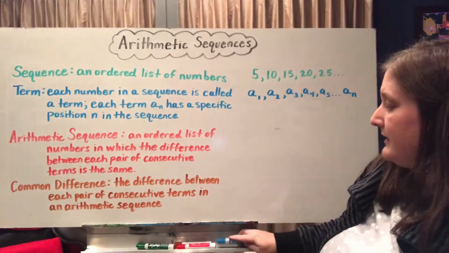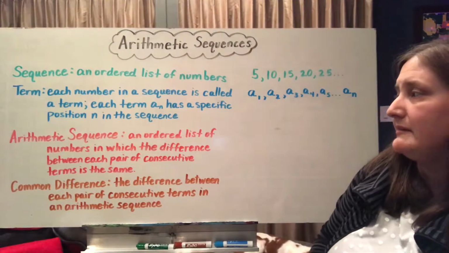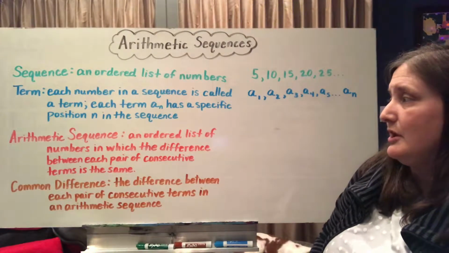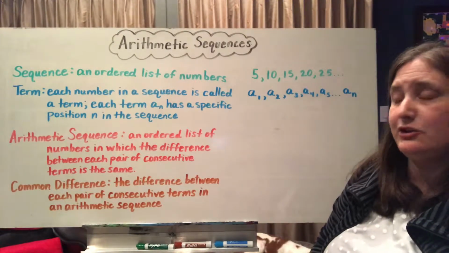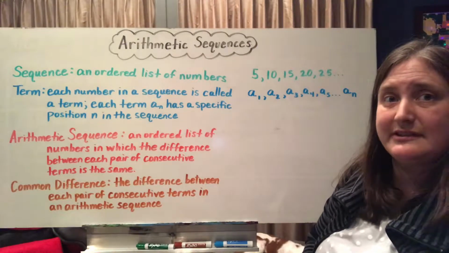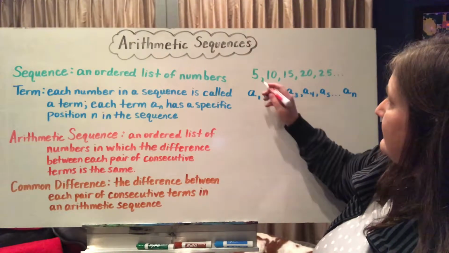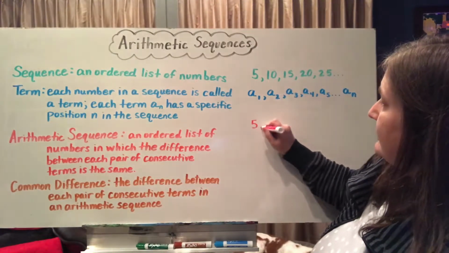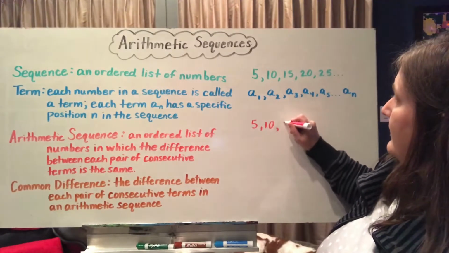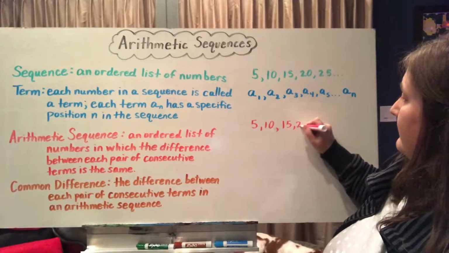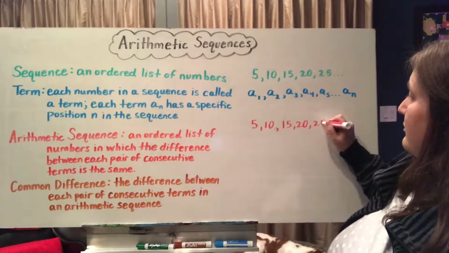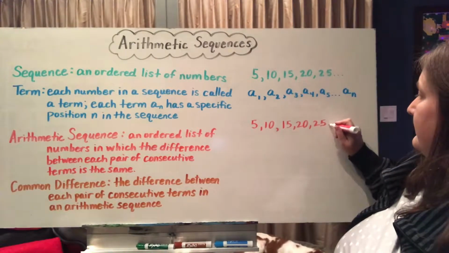In an arithmetic sequence, what we always have is an ordered list of numbers in which the difference between each pair of consecutive terms is the same. So we can see in this sequence that all of the consecutive terms are increasing by a common difference.